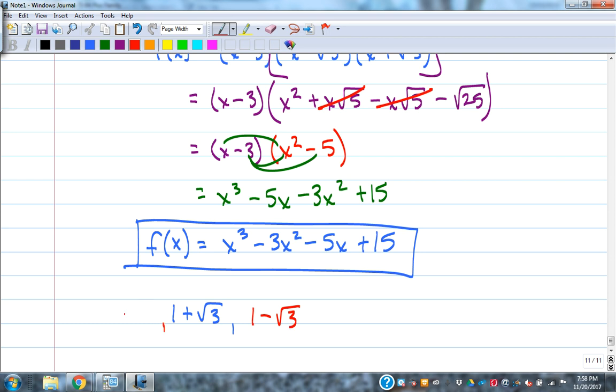The factors that go with that, like you say you had one that's 7, and those two factors, the factors are x minus 7, x minus 1 plus the square root of 3, x minus 1 minus the square root of 3. And then when you distribute, everything works the same way.